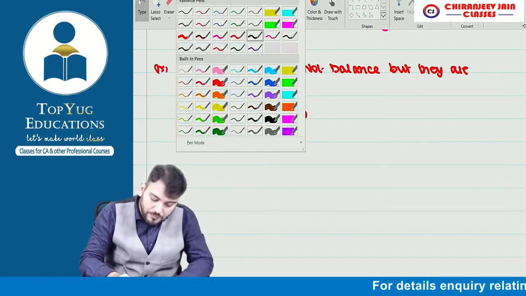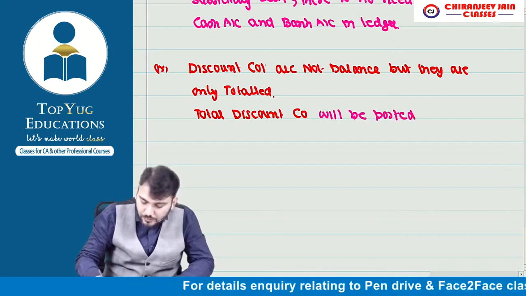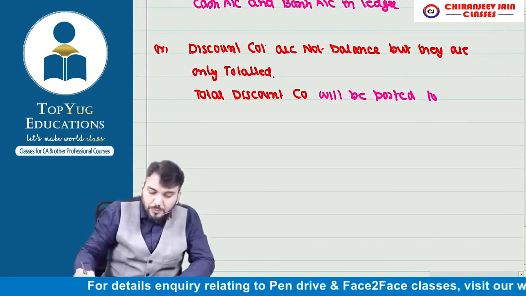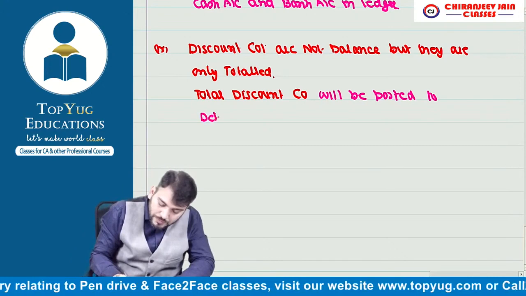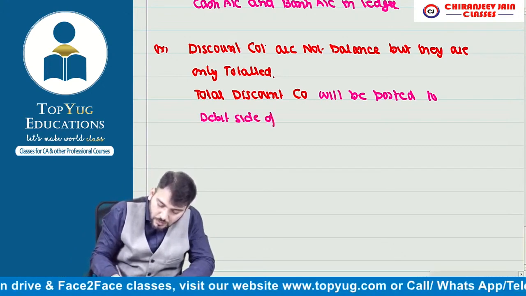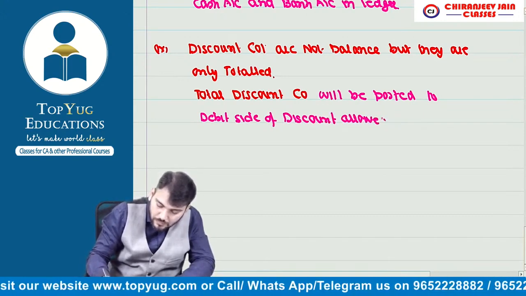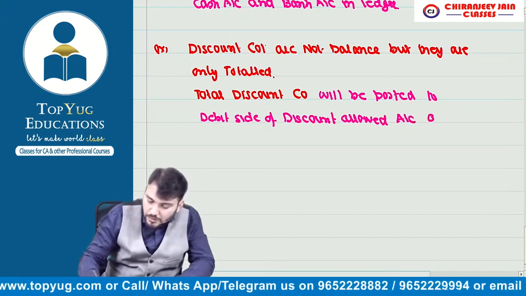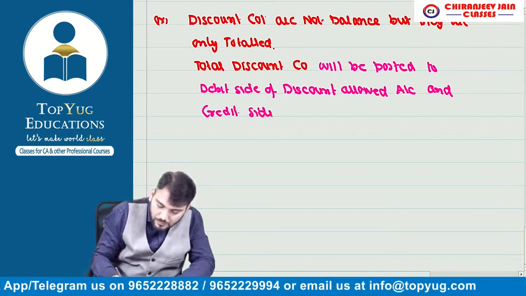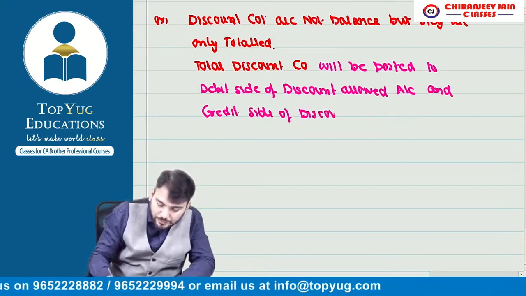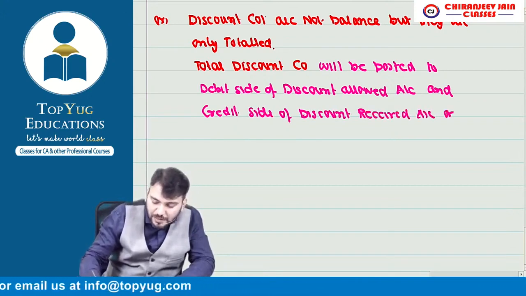Discount column will be posted to the debit side of discount allowed account and credit side of discount received account, as the case may be.